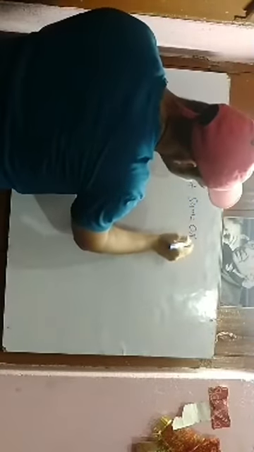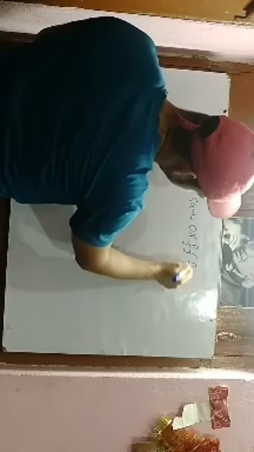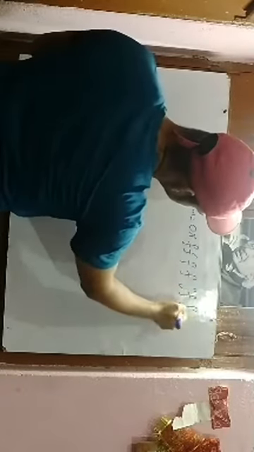So let me clear the board and explain it in a beautiful way. Let's start. The variable is like this: int sum is equal to 0x followed by f and 4 times again f.